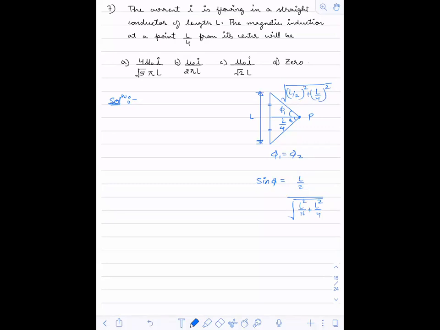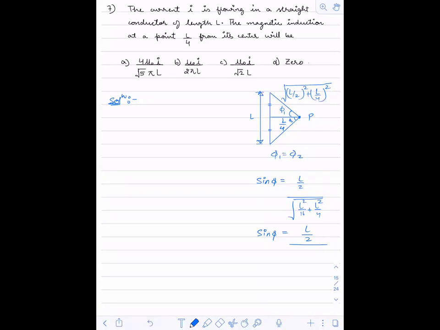If I solve it, I get 5 L square by 16 under the root.